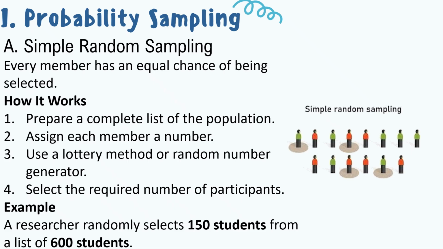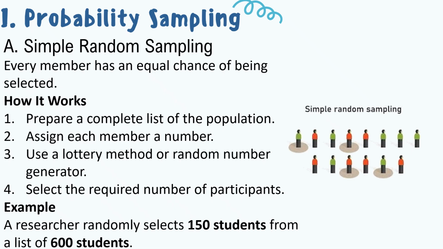Let us start with our first probability sampling technique, which is the simple random sampling. So the easiest way to understand this is everyone has an equal chance of being selected. Okay, so please read the guided steps silently while listening. So for example, suppose there are 600 students and we need 150 respondents.